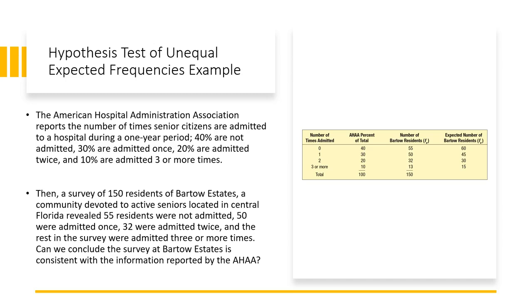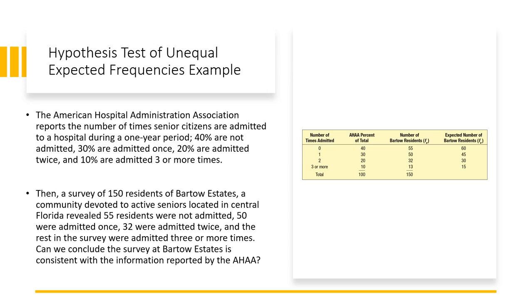The chi-square test can also be used if the expected frequencies are not equal. So here we have an example that gives a practical use of the chi-square goodness of fit test, namely to find whether local experience differs from the national experience. So we can use the AHA information to compute the expected frequencies for the Bartow Estate residents.